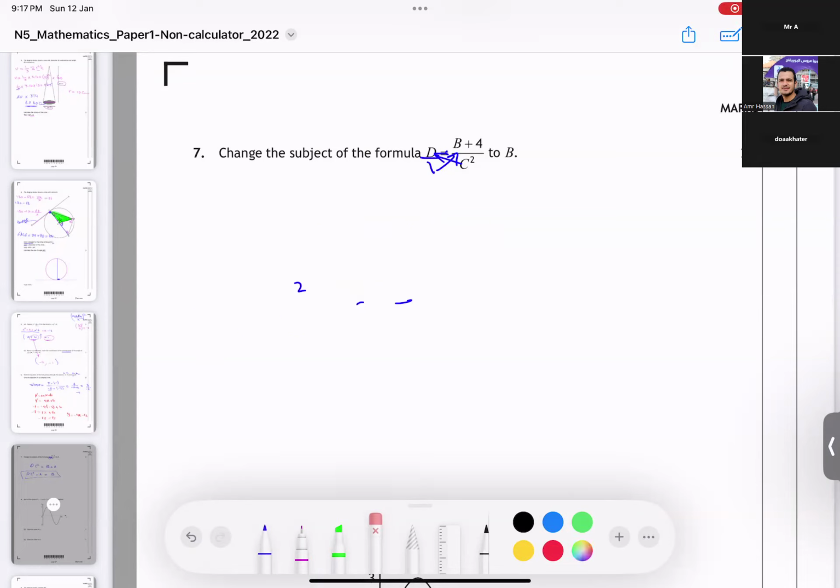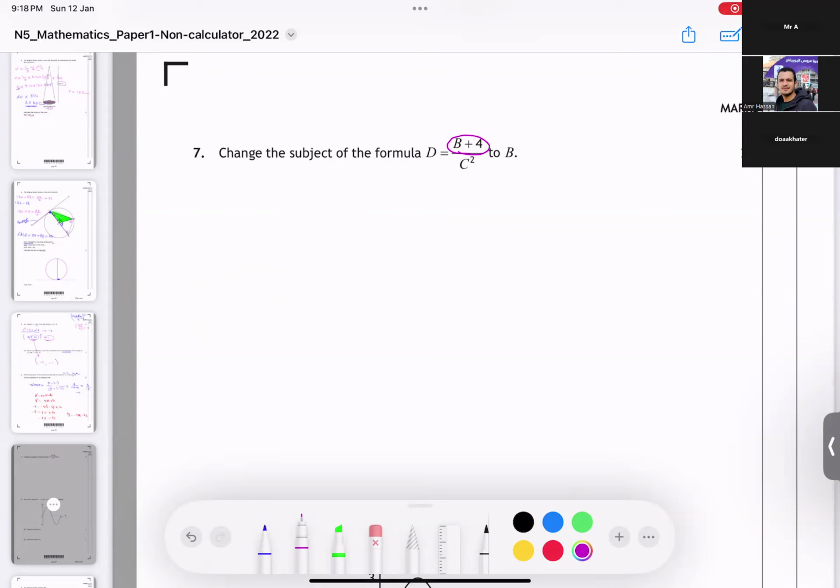Okay, look at this one. I have a denominator, right? So this one must be written combined on the same side. I need to get b by itself, right? But both b and 4, this one's 4, not a, have been divided by c squared.